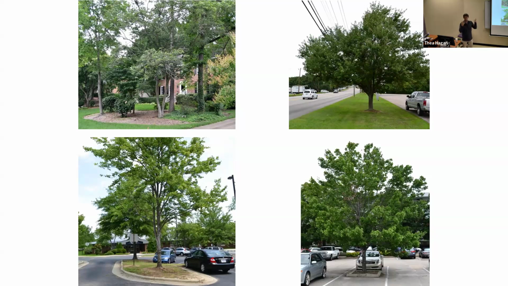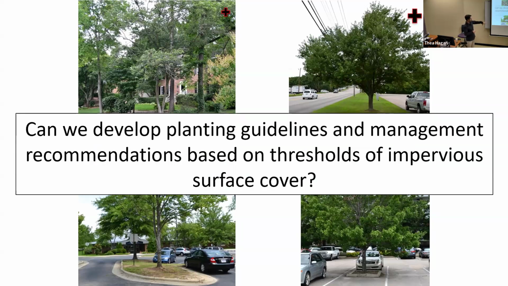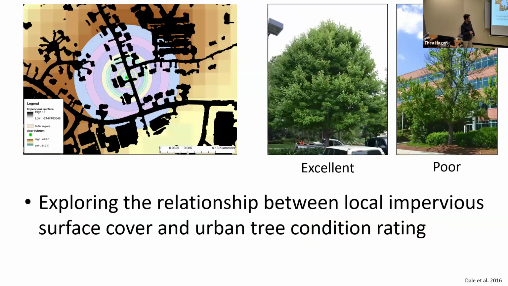Paved surfaces increase temperatures, increase water stress, which are associated with scale insect outbreaks. All of that combined causes tree decline. So can we use the amount of pavement around a planting site to inform where a tree should be planted in an urban setting? That's the question.